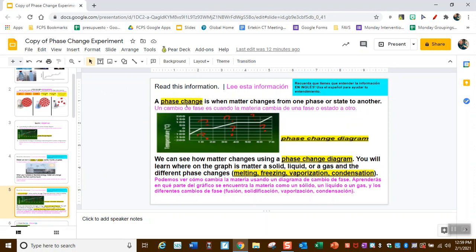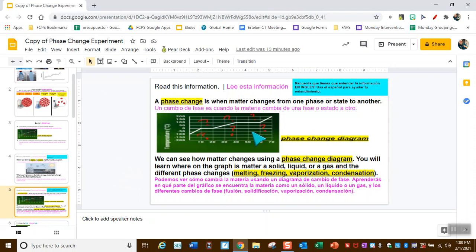A phase change is when matter changes from one phase or state to another. We can see how matter changes using a phase change diagram. You will learn where on the graph matter is a solid, liquid, or gas, and the different phase changes: melting, freezing, vaporization, and condensation.